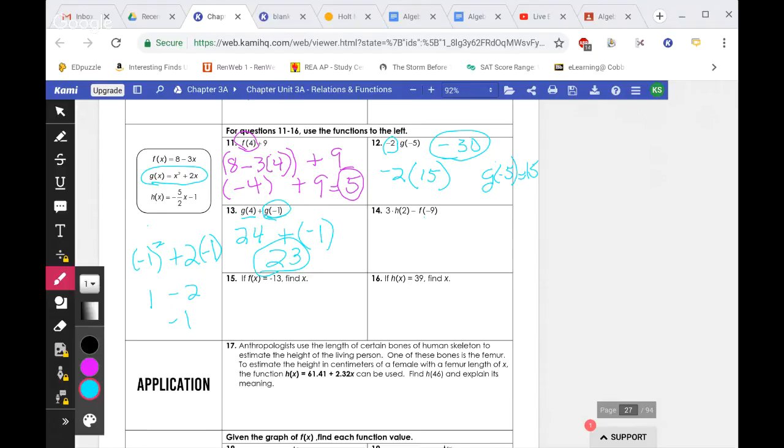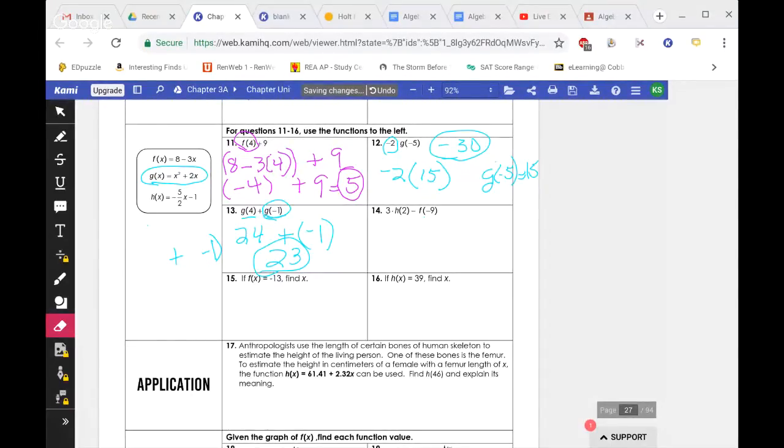Okay, so now number 14. This one, we're finding the value of h defined at 2, and the value of f defined at negative 9, and then we're doing a couple of different operations to them.